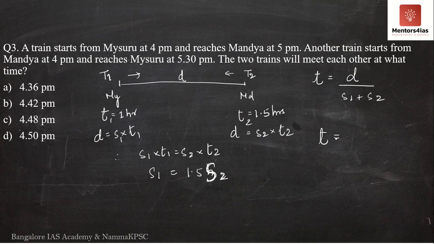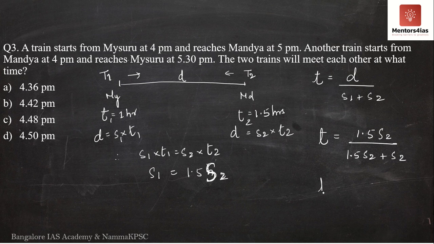Therefore, I should be able to substitute S1 as 1.5 S2 over here. What am I going to write? T is equal to D divided by S1 plus S2. In place of S1, I am going to write 1.5 S2 plus S2. Similarly, what is D? D is nothing but S2 into T2, where T2 is 1.5. Therefore, D is also nothing but 1.5 S2.